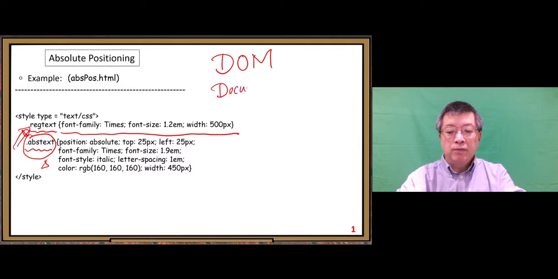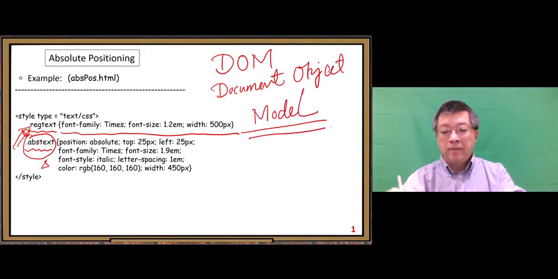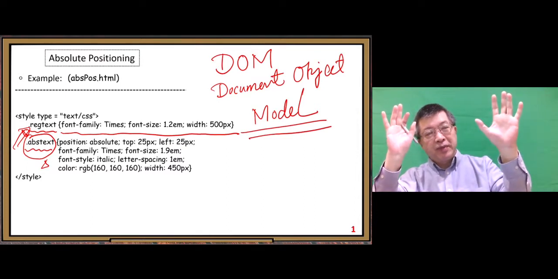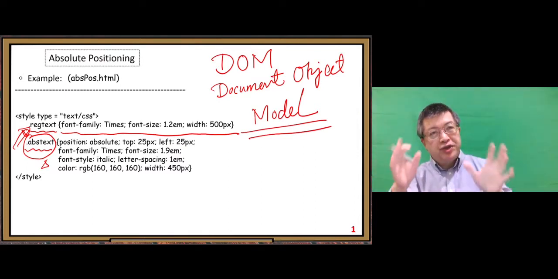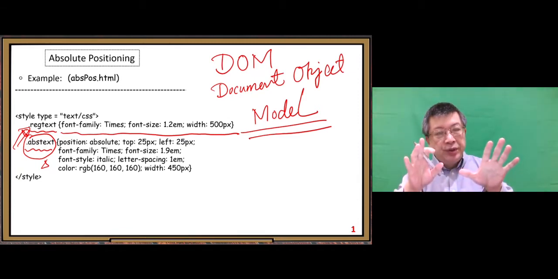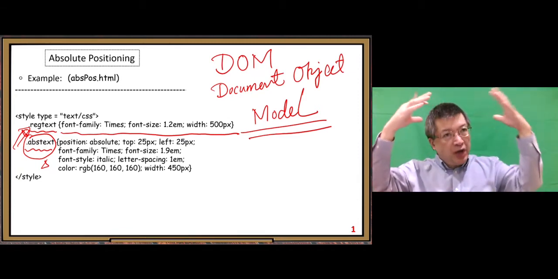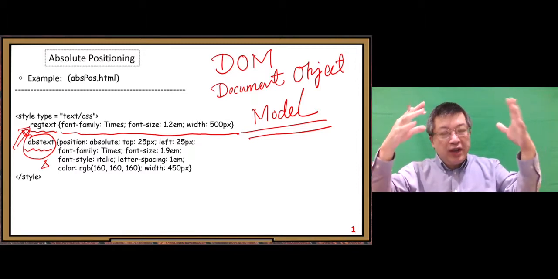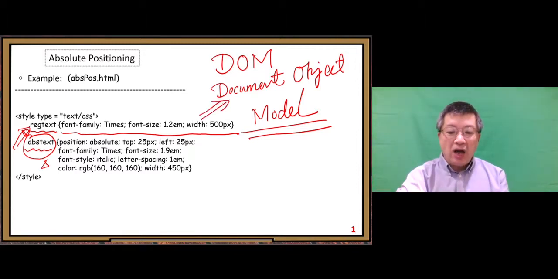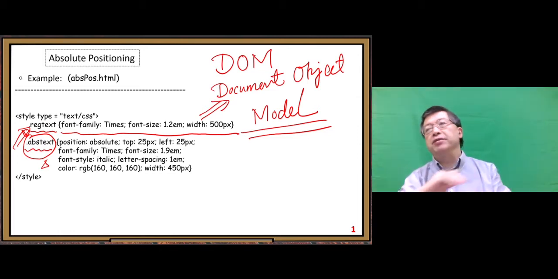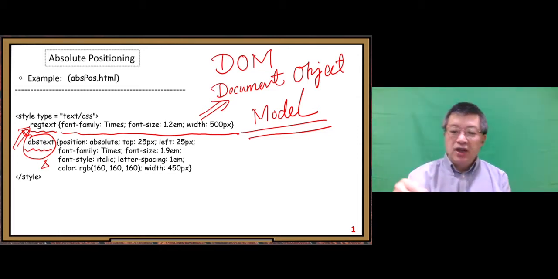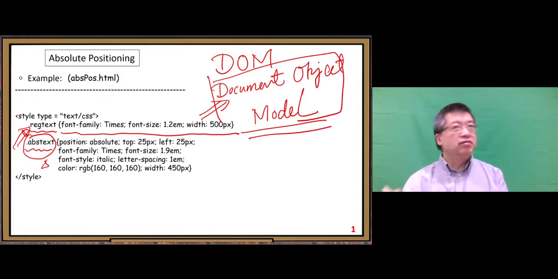The web browser uses this model to create a structure representing the current document, how to render an HTML file document. It uses this model. So what is that model? Tree structure model.